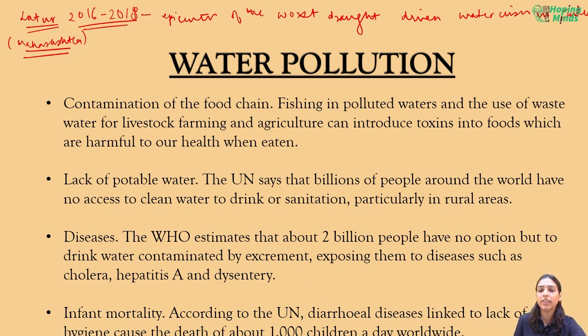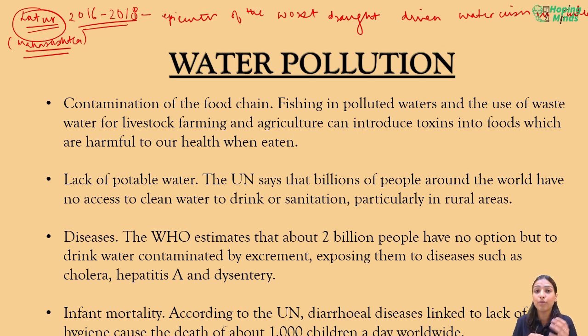Now, like we studied here, the UN has said that billions of people around the world currently have no access to clean water to drink or for sanitation, particularly in the rural areas. So Latur is one such rural area where, because of the over extraction of groundwater and the contamination of the water that was being released, it happens both ways. You are also extracting the groundwater.